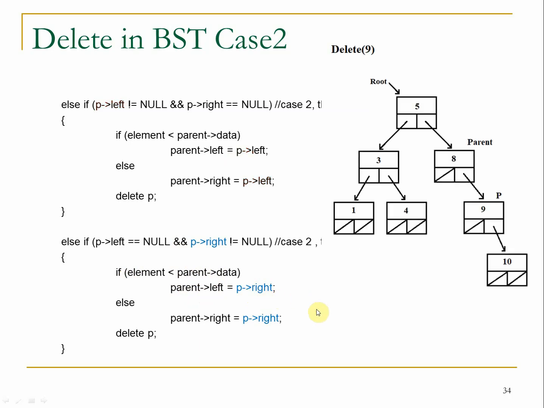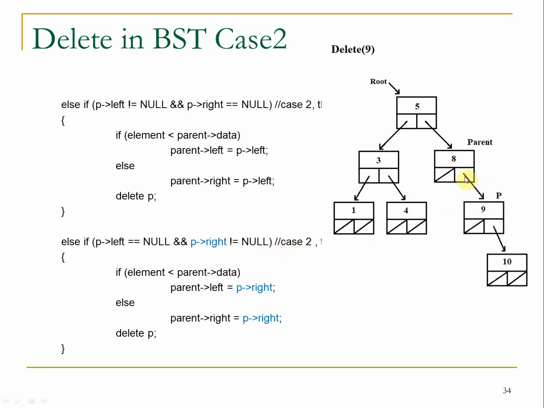Let's take a look at an example over here. Say this is the tree that we have and we want to delete 9. We will travel all the way down, finding P at this location, parent at this location. In this situation, P has 1 child, a right child. This is the second case too.